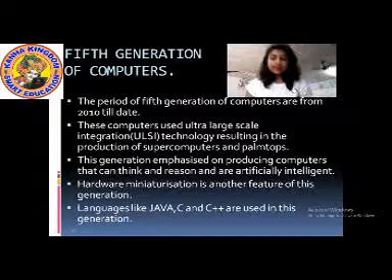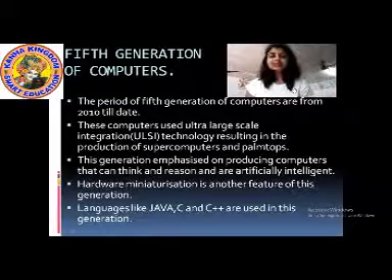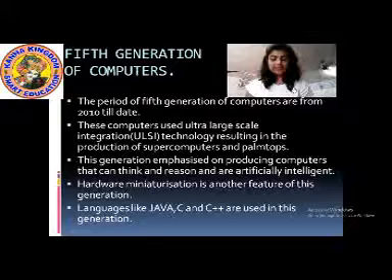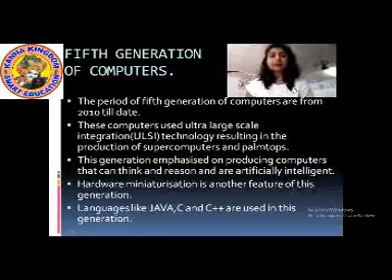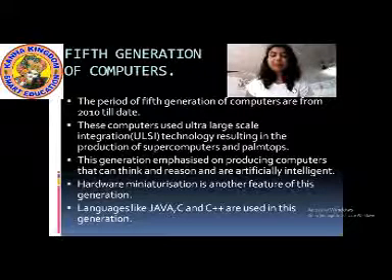And what is this artificial intelligence? Artificial intelligence is a branch of computer science that tends to produce computers that behave like humans. It is a scientific technology in which computers behave like humans.